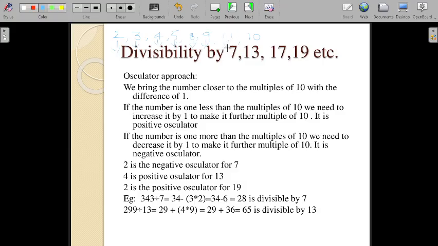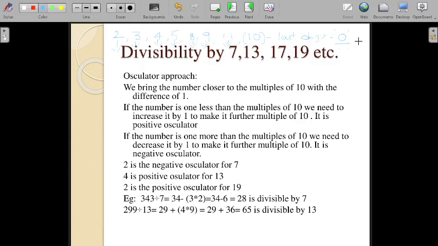For 11, of course, the difference of the sums of alternate digits should be 0 or 11. For 10, the last digit should be 0. If the last digit is 0, then blindly we can say the whole number is divisible by 10.